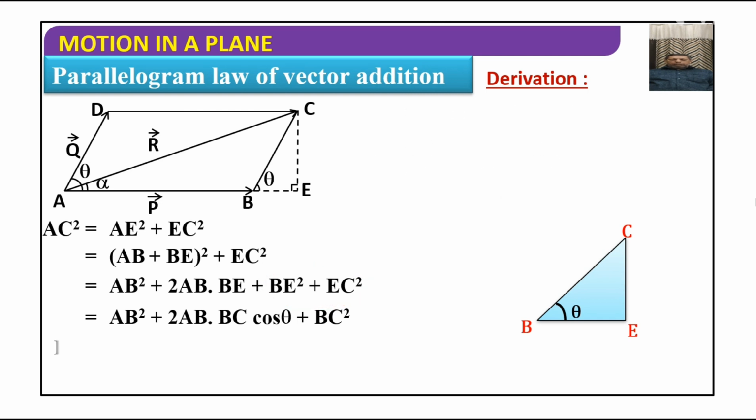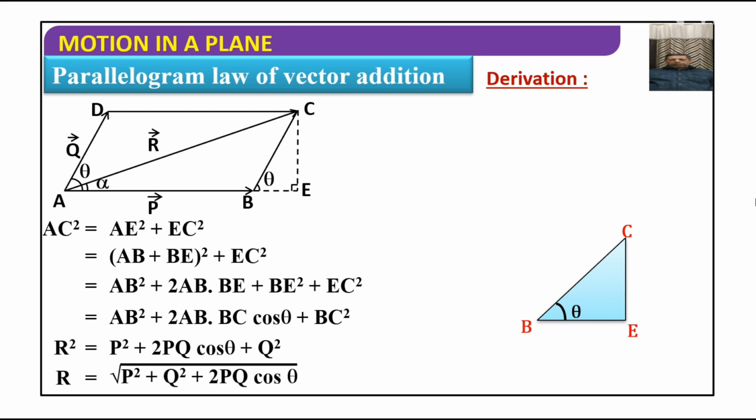AC equal to R, so R square is equal to AB, which is P, square, BC is Q, plus 2 AB cos theta, BC is Q. So R square is equal to P square plus Q square plus 2PQ cos theta, and R is equal to the square root of P square plus Q square plus 2PQ cos theta.